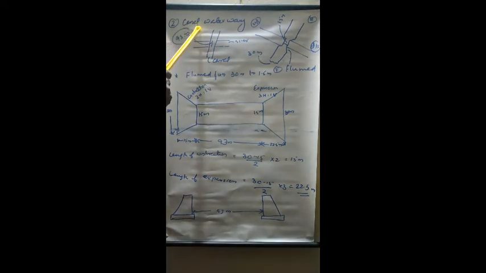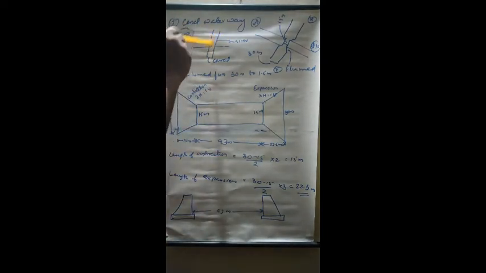So the next step in the design of the aqueduct is canal waterway. Canal waterway is this portion of the canal. So let's explain once again the case of aqueduct. The canal is above the river.